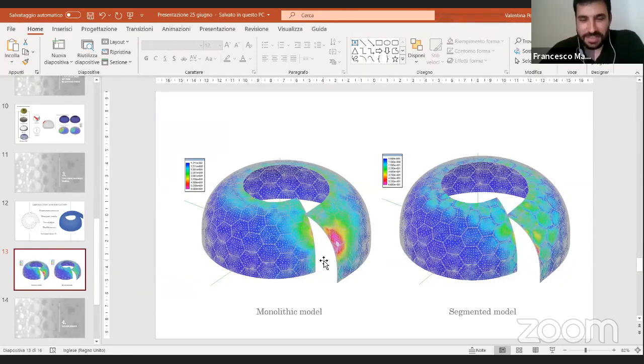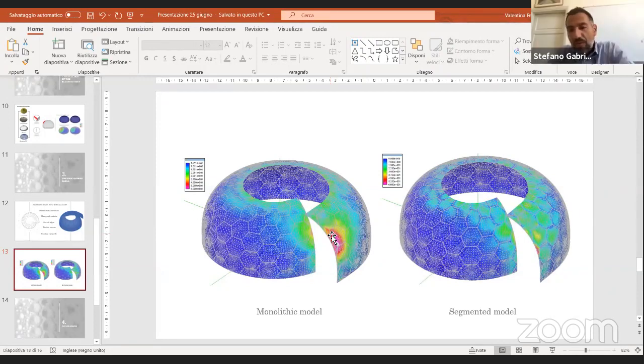Of course, since the structure is somehow articulated, yet not forming a mechanism, it is more deformable than a classical shell structure. But you can control them and introduce any deformability constraint that you prefer.